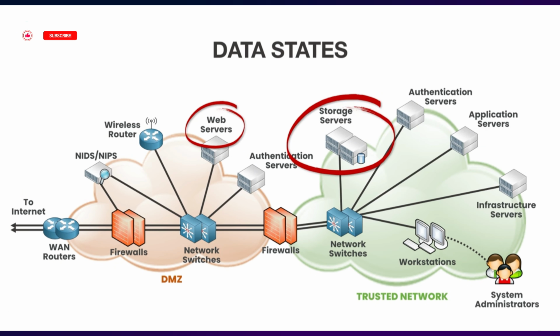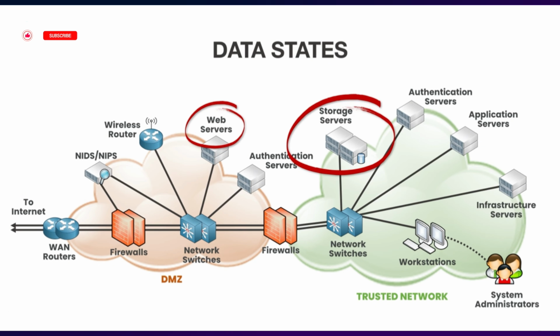If this web server were to request something from, say, the storage server, maybe data is in archive, and we want to pull it out of the archive to look at it on our SIEM system like Splunk or AlienVault. You are going to make the request from this web server to the storage server and pull that data from the archive. So now you are taking data from the rest state and moving it into the use state. Now that data can become volatile in that process.